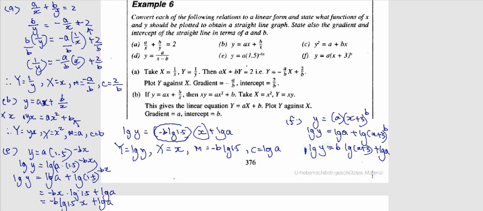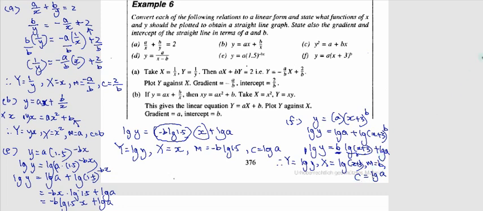We are ready. Now, this one, there is an x term which is log of x plus 3. This is the constant. So therefore, big Y is equal to log y. Big X is equal to log of x plus 3. And then your m is equal to your b here. And then your c is actually equal to log a.